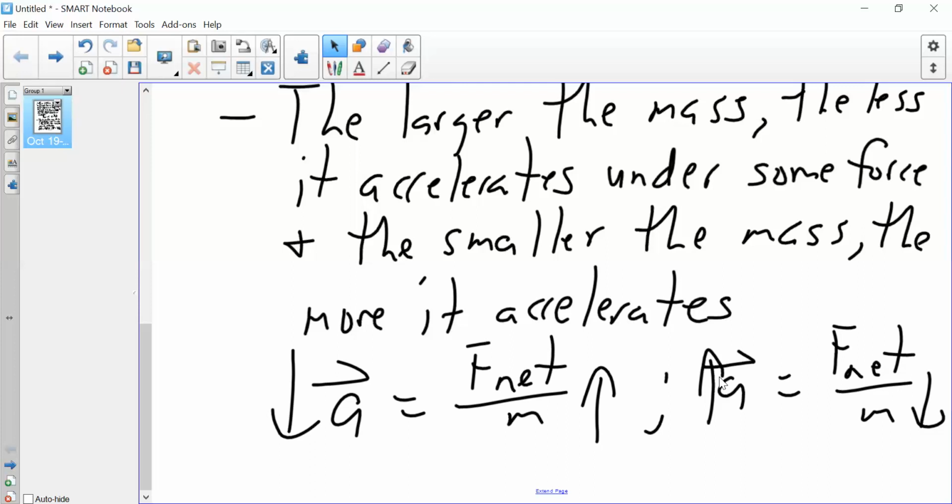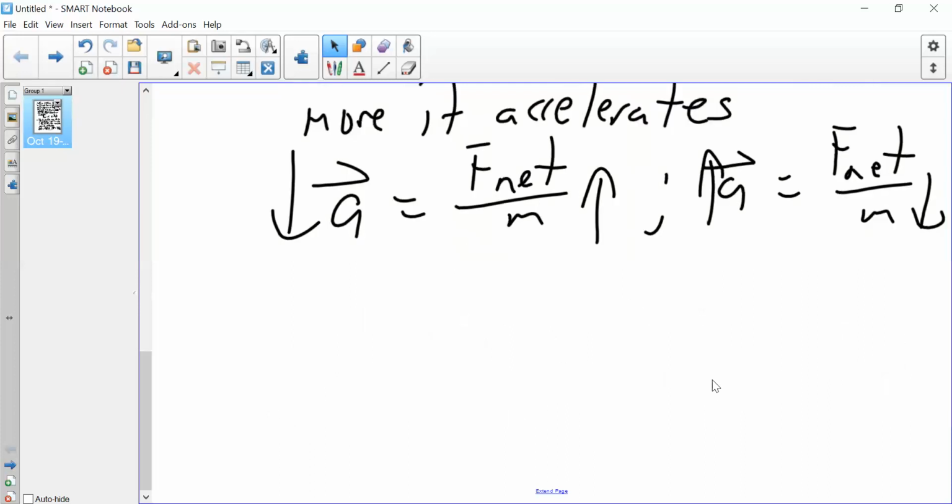It's so massive that you really can't detect it. So again, F net equals ma. That's basically the equation statement of Newton's second law.